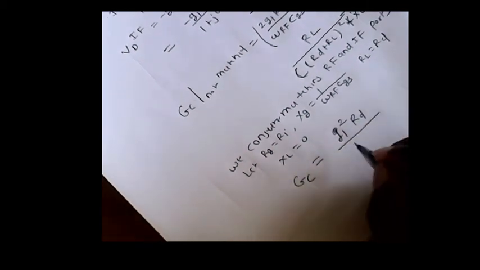Then the conversion gain of the single ended FET mixer is given by G1 square into drain resistance divided by 4 omega square Rf, square of the capacitor gate to source, into input resistance. So this is the equation which gives the down conversion gain.